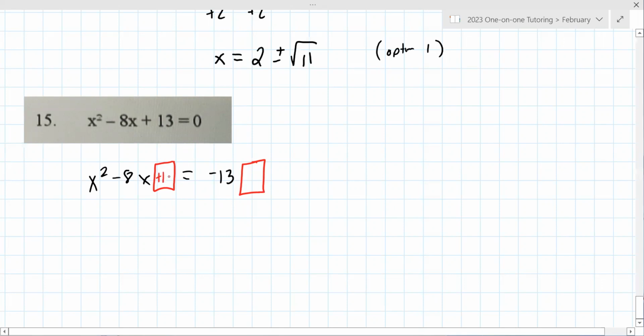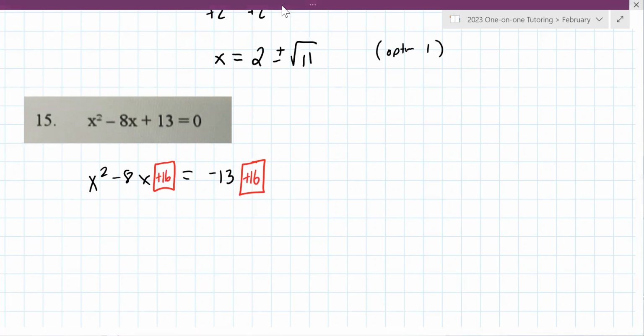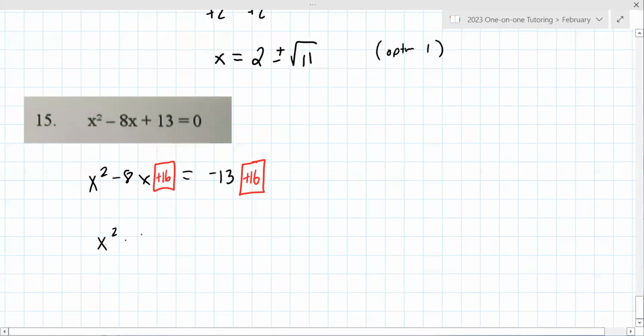Okay, so positive 16, positive 16. The left side becomes x squared minus 8x plus 16 equals 3.